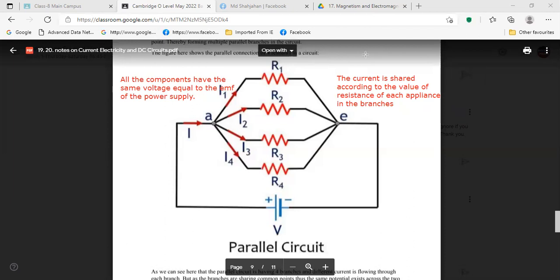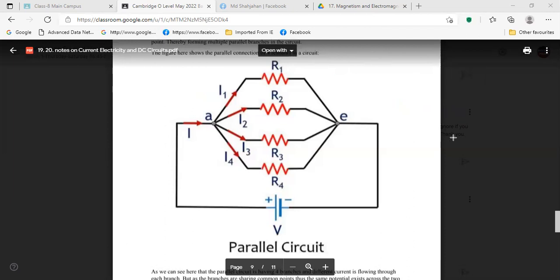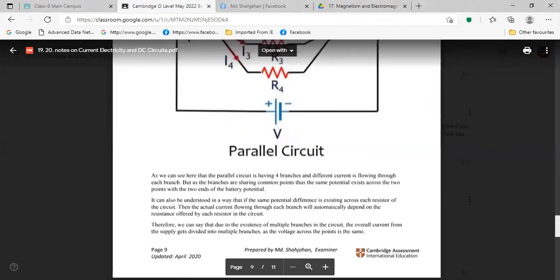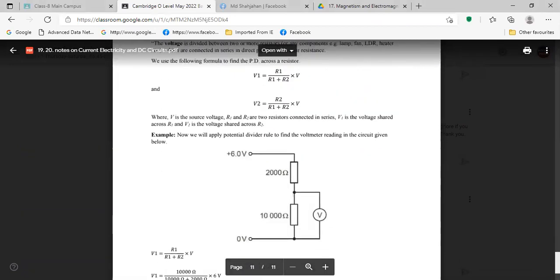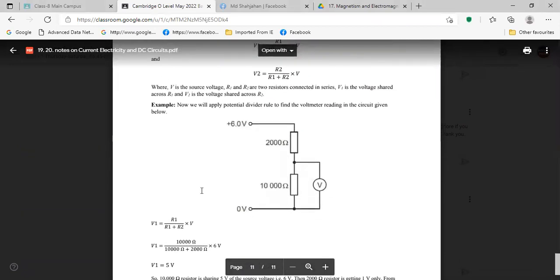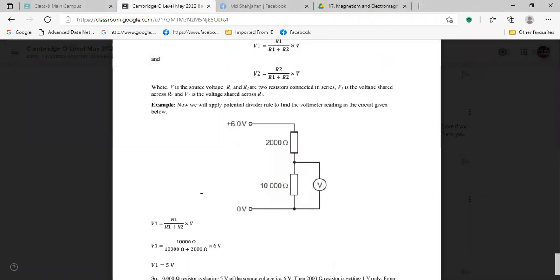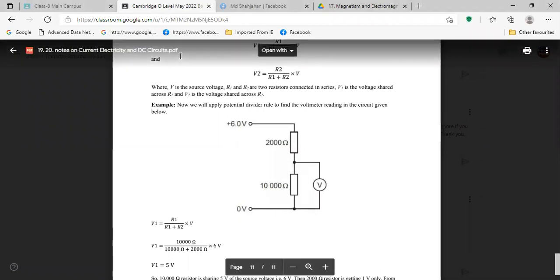So we draw it in another place where we have more space. Here we have one power supply.